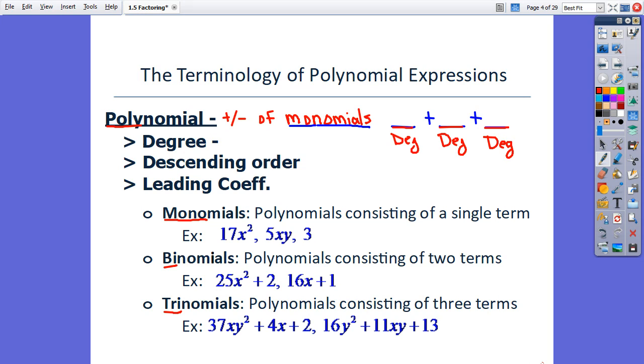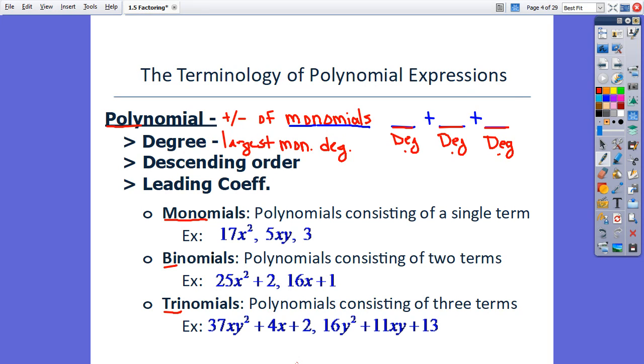So we do not add up the degrees for a polynomial. We add up the exponents of the variables to find the degree of a monomial, and then we look for the one that's in charge, the largest degree. So the polynomial's degree is the largest monomial degree.